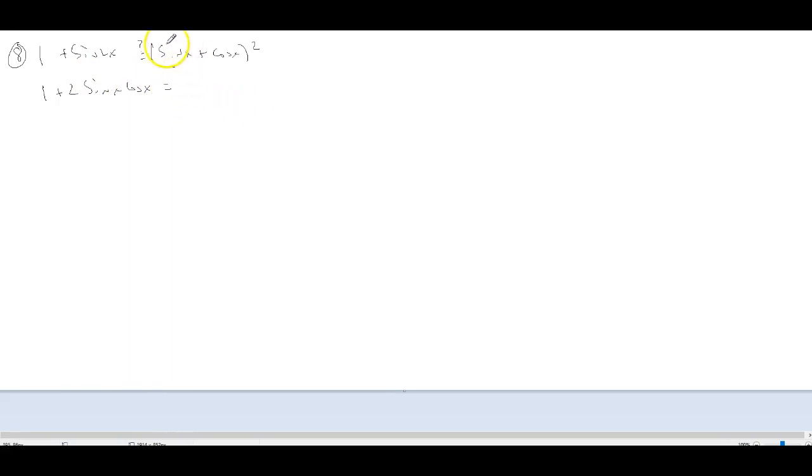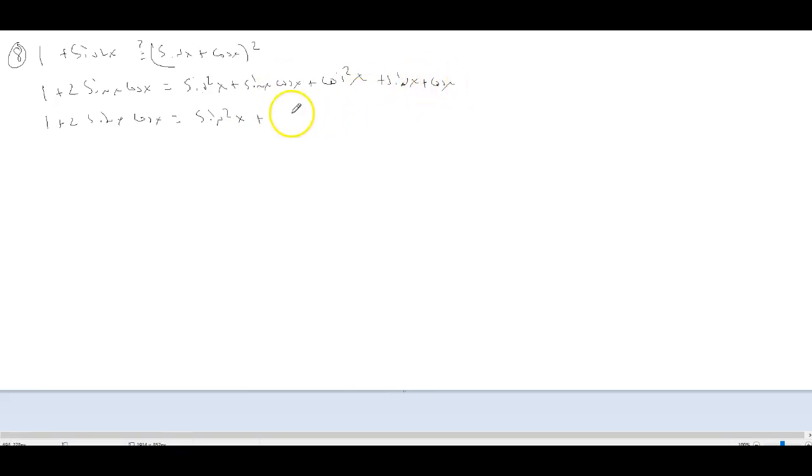That was quick. And then over here I got a plus with a square, so I'm going to have to FOIL this. So I get sine squared x plus sine x cosine x plus cosine squared x. And then I got 1 plus 2 sine x cosine x equals sine squared x plus, oh, I got another sine x cosine x up here.